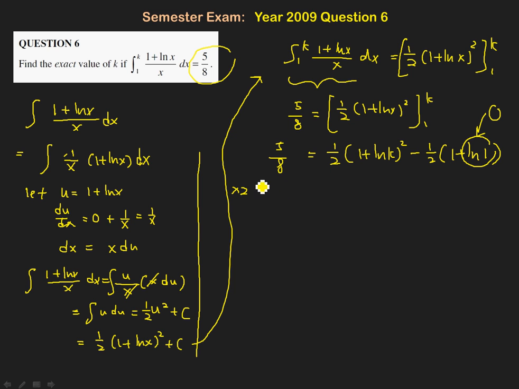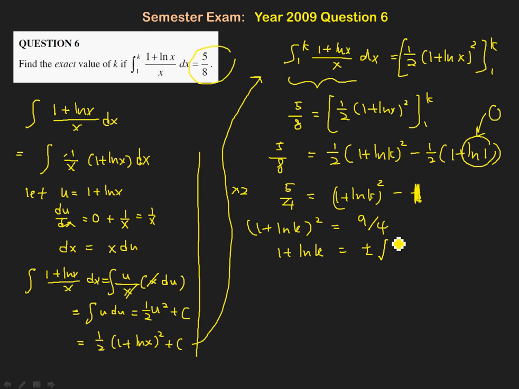We'll end up with 5 over 4, and I have (1 plus ln k) squared minus 1. Okay, it's 1 plus 0, and it should be 1 actually. So I perform the usual algebra, and I would end up with 9 over 4 for (1 plus ln k) squared, so 1 plus ln k is plus minus the square root of 9 over 4, that would be plus minus 3 over 2.